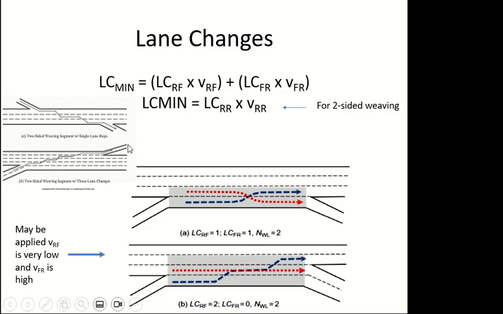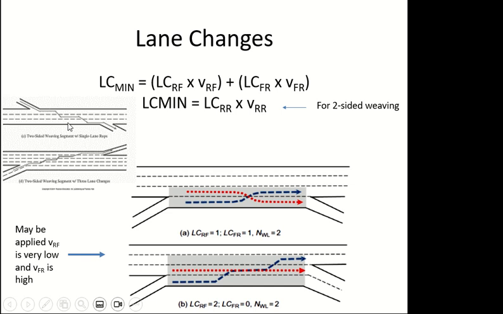We call it two-sided weaving. Both of the earlier ones are one-sided weaving. For two-sided weaving, the number of lane changes is basically for ramp to ramp.